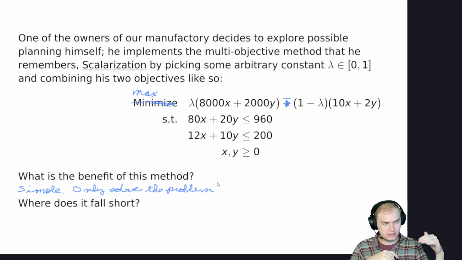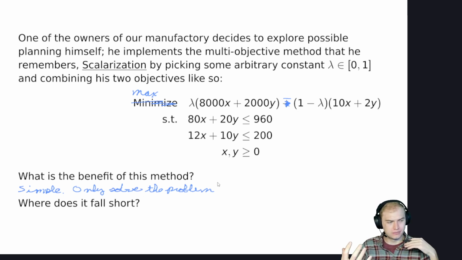And every objective that we want to roll over needs to be solved for as its own problem. If we scalarize it like this, we don't have to do that. So this is really beneficial if we already know how much we care about one objective over another.